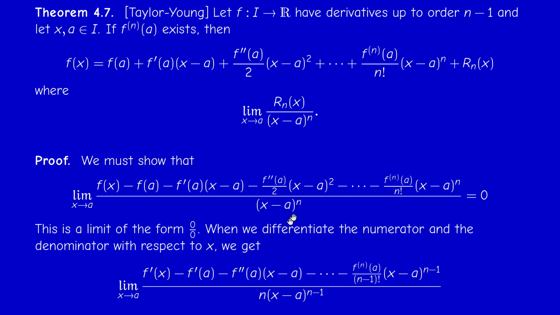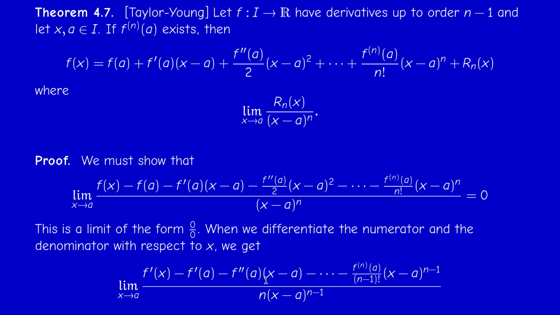And I differentiate the denominator, I get this. I still have something of the form 0 over 0, so I continue this n minus 2 times. So in total, I apply L'Hopital's rule n minus 1 times.